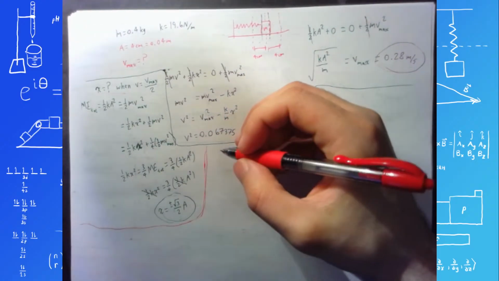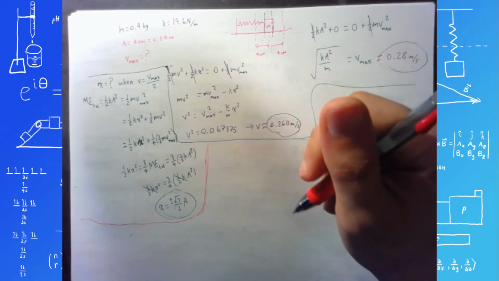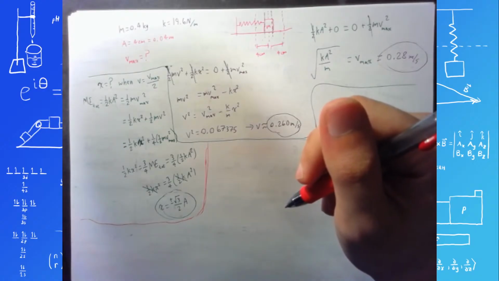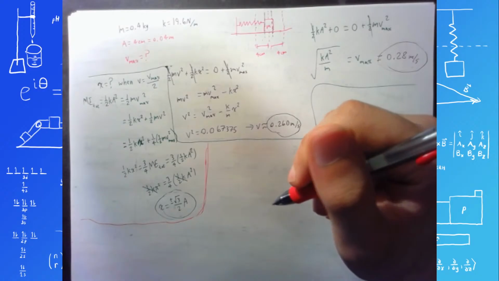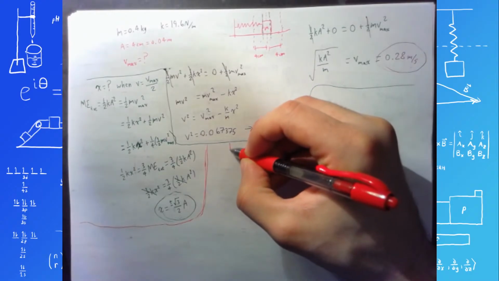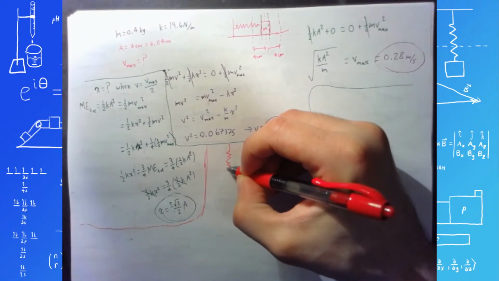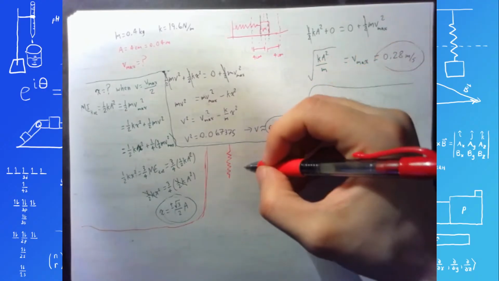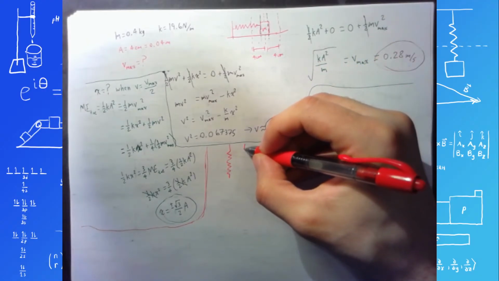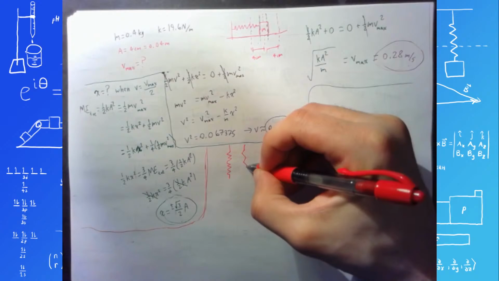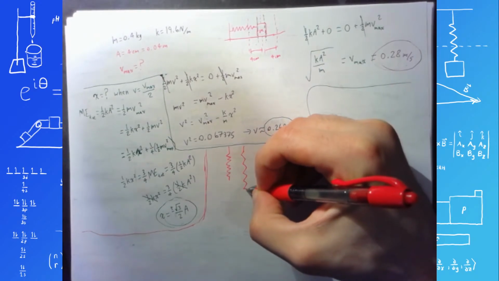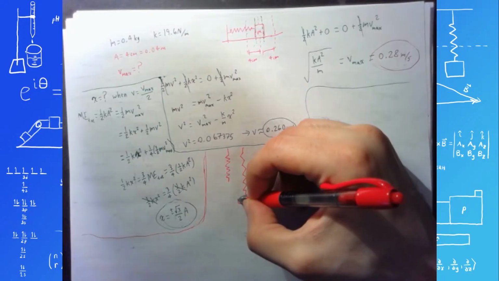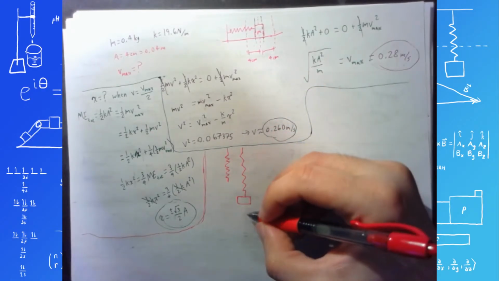Finally found one. So it says a load of 50 newtons attached to a spring hanging vertically stretches the spring 5 centimeters. So we have a spring that gets stretched by 5 centimeters when a 50 newton load is attached to it.